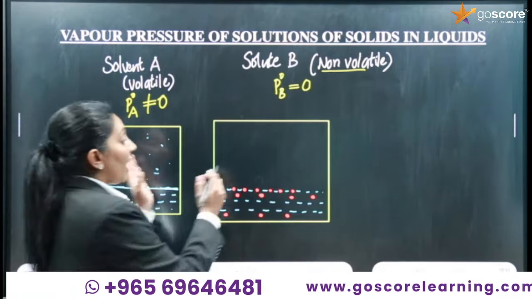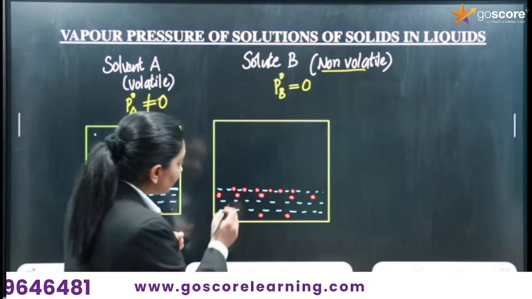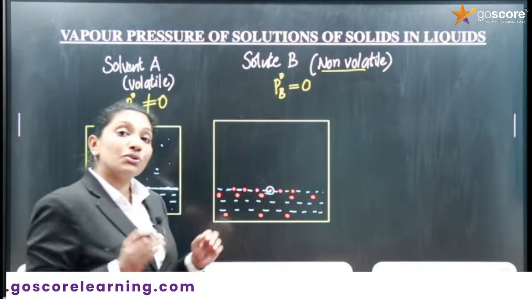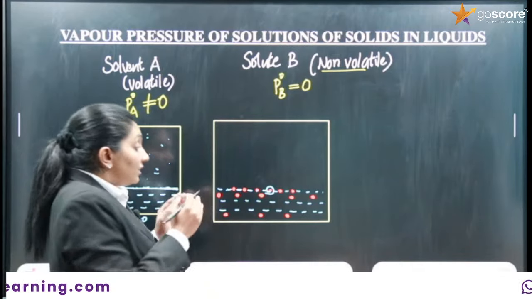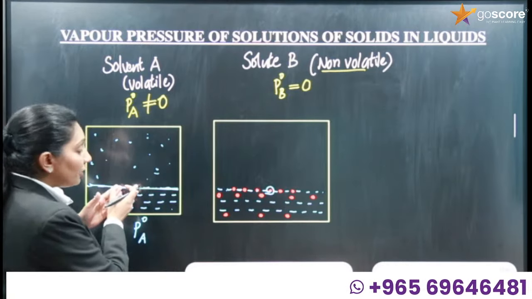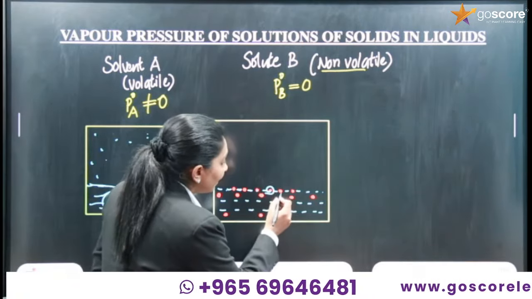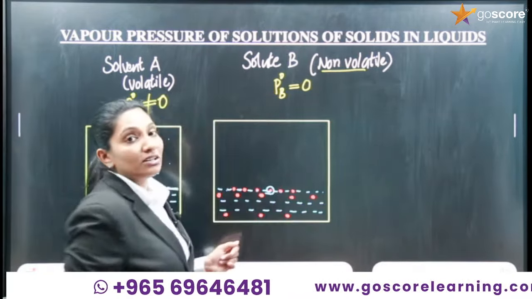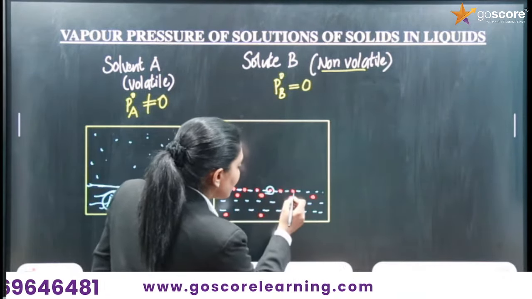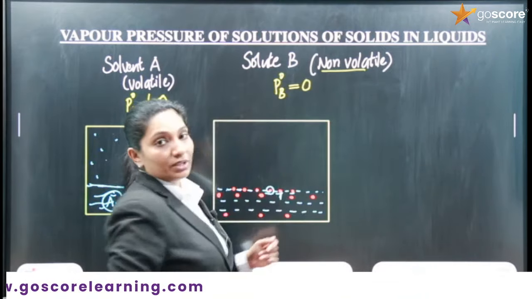But when you add a non-volatile solute to the solvent, see what happens here. Some spaces are hindered by these solute particles, so the number of vapors formed will be lesser compared to that of the pure solvent, because the solute particles on the surface hinder the formation of vapors from the solvent.